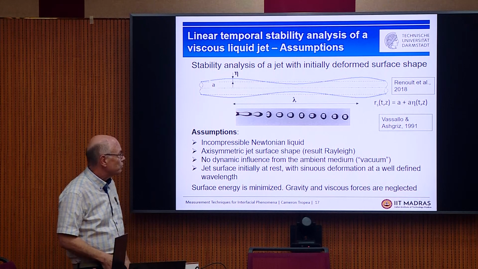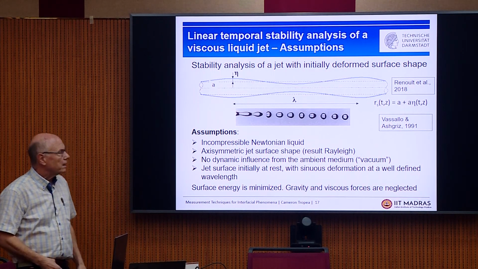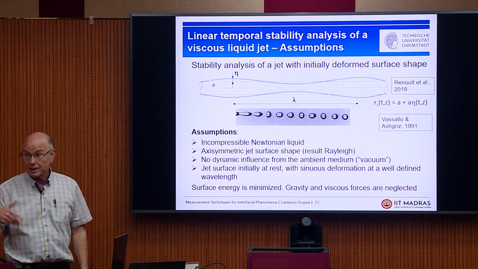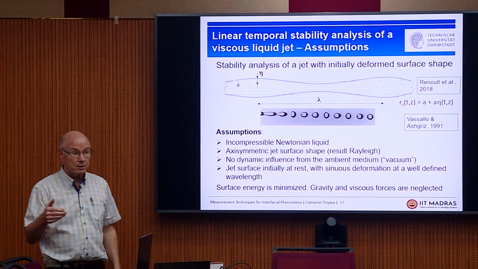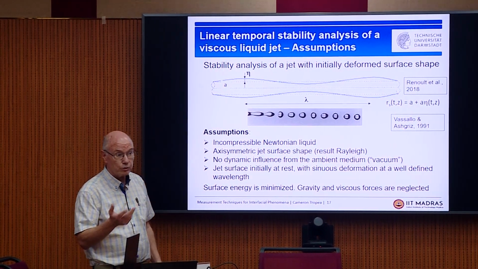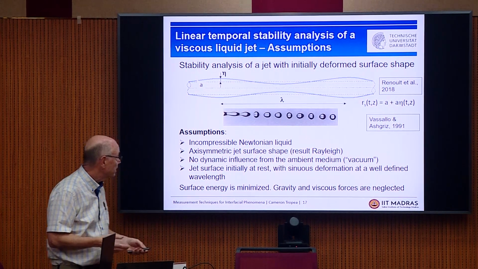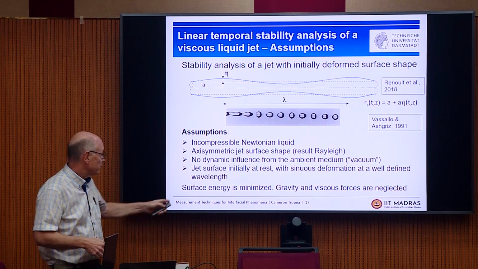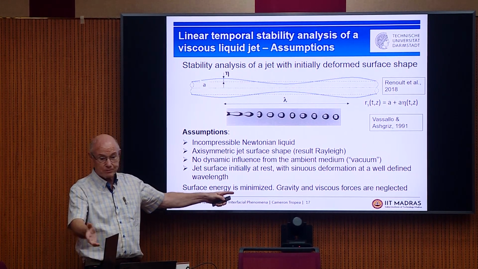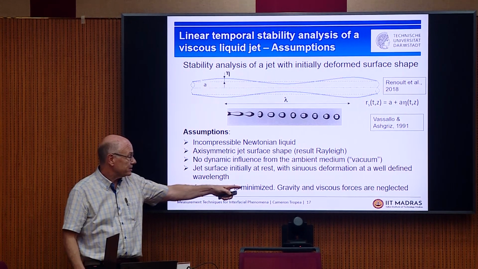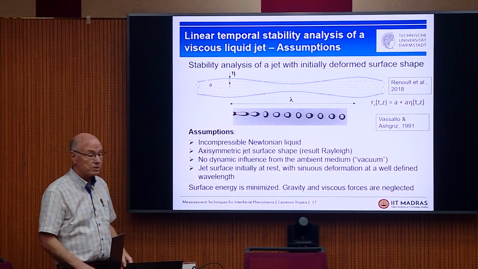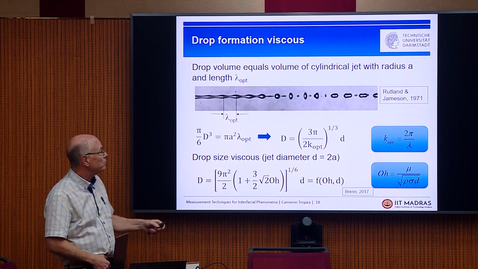And the viscosity, I'm going to show you the derivation without viscosity, but Weber did it with viscosity, and I'll show you the result with viscosity also. And we know that surface energy is minimized. We've just learned that from Ashish. And gravity and viscous forces we will, for the most part, neglect.